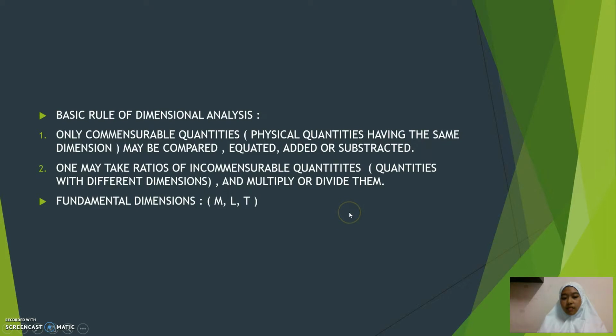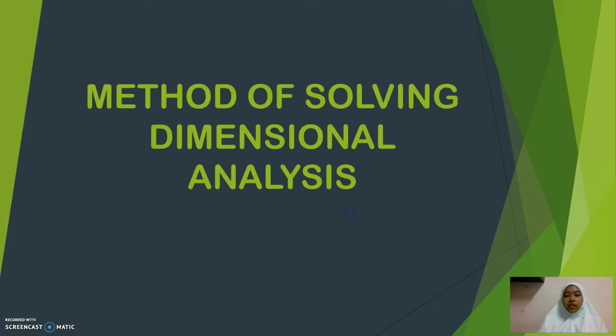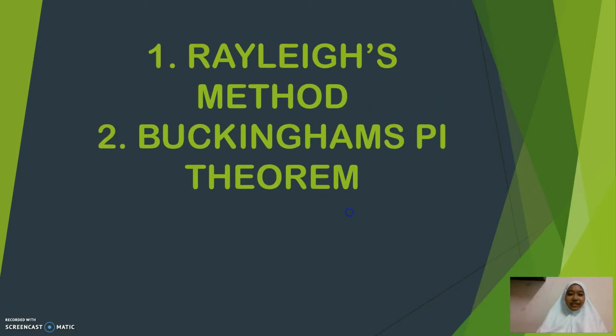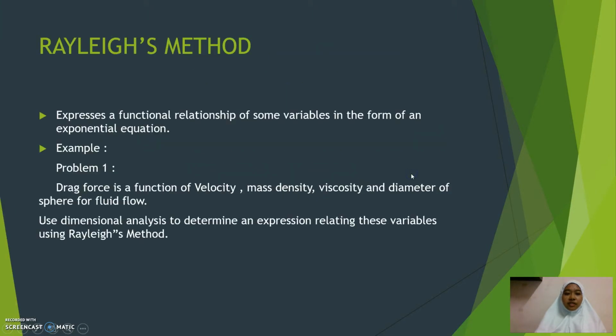The fundamental dimensions are M, L, and T. Okay, so there are two methods of solving dimensional analysis: the Rayleigh method and Buckingham's pi theorem. I'm going to explain the first method, which is the Rayleigh method. It expresses a functional relationship of some variables in the form of an exponential equation.